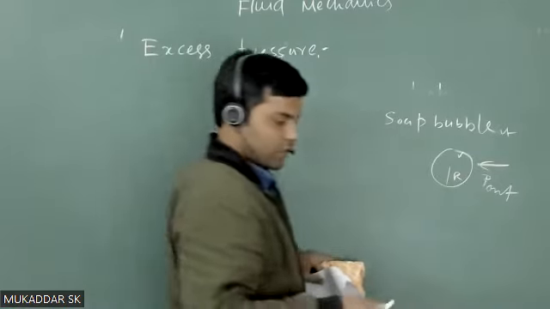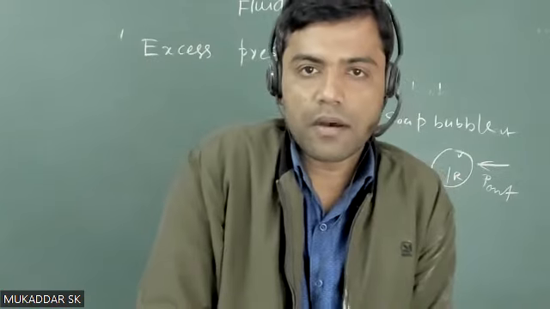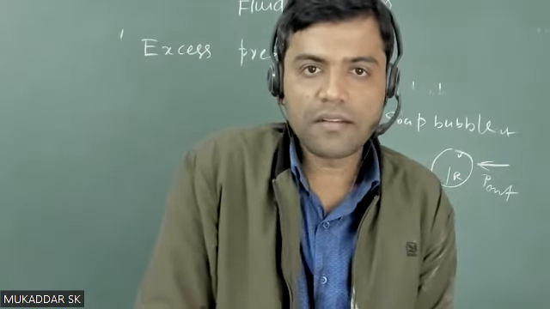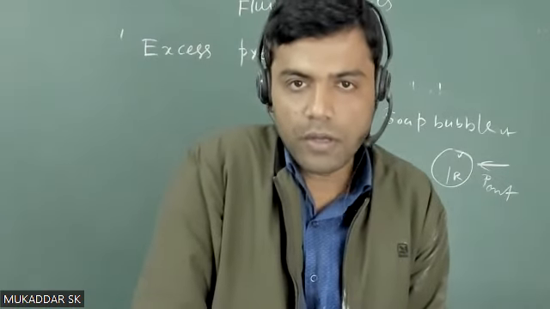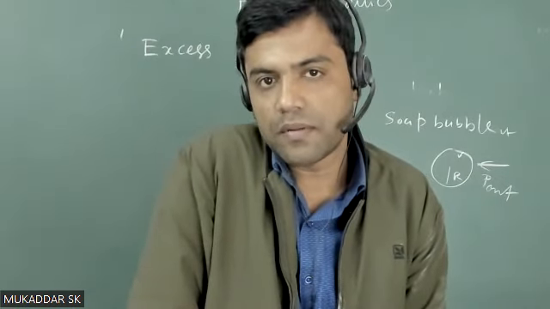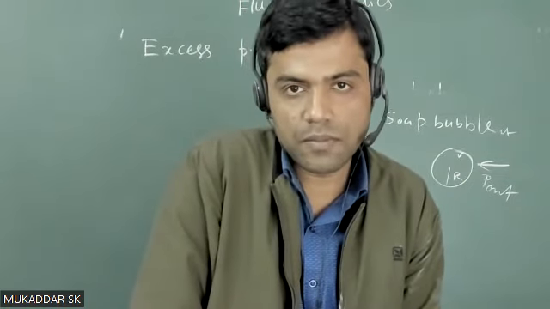Remember, there are basically two surfaces, each having surface tension pressure 2T by r. So net surface tension pressure is 4T by r.